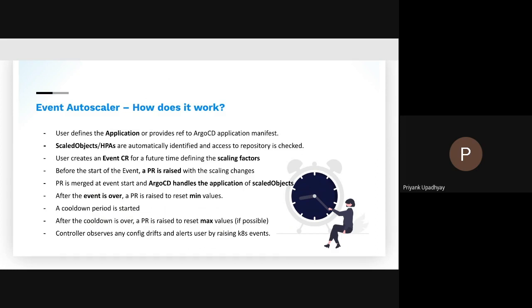This is to support the traffic that still lingers when the event is over. Once the cooldown duration is over, another PR will be raised to reset the max values that we have modified. The controller will also observe for any config drifts and alert by raising Kubernetes events.